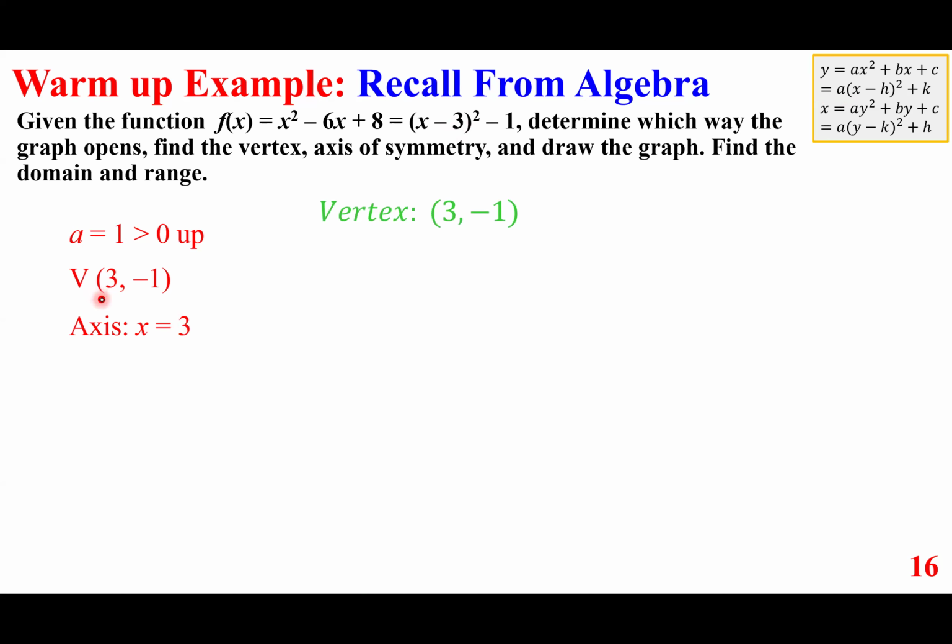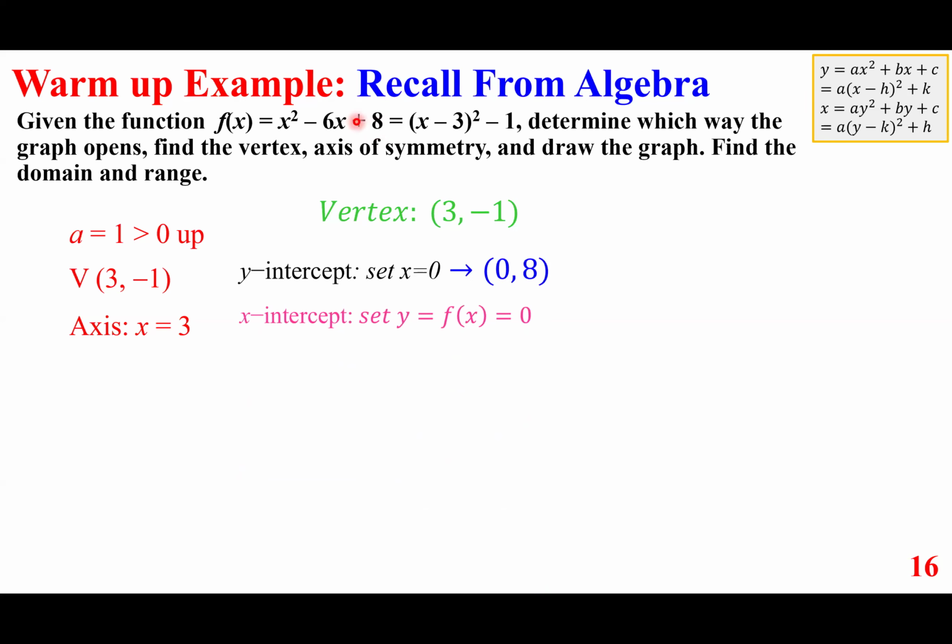And so that's the vertex. And now to find the y-intercept, you set x equal to 0, which means it's easier to use this one. You get 8, so 0, comma 8. What about the x-intercept? You set y, or f of x, equal to 0.